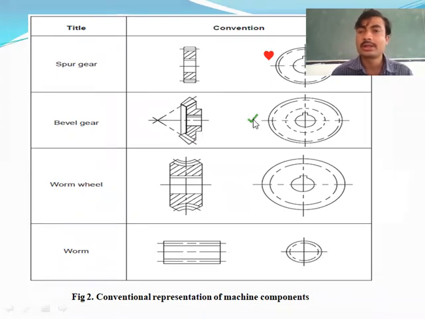So this is the conventional representation for the bevel gear. This is the conventional representation for the worm wheel, that is also denoted by the right mark. I'm going to denote the worm conventional representation by the heart symbol. Whatever we have discussed till now belongs to the conventional representation of machine components.